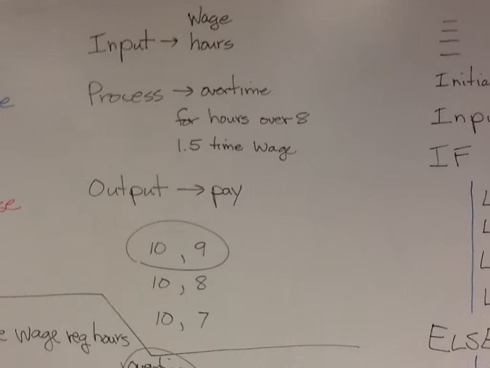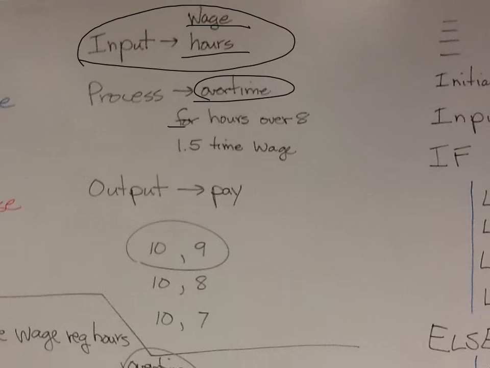We did an example then in which we were going to put in how much a person makes, how many hours. This is per day. So they're going to get overtime for all the hours over 8. And then they get time and a half wage for that. So here's an example. If we input a wage, somebody's making $10 an hour and they work 9 hours.